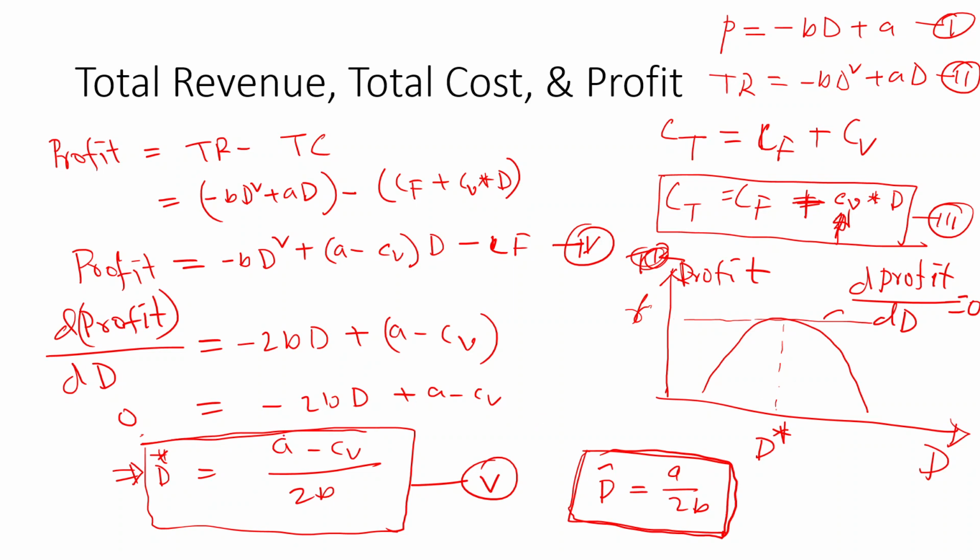So if I draw the revenue function, see if I can grab a different color pen, it's going to be something like this. So that's D hat, which is bigger than the D star. D star is this guy. It's slightly smaller than that.